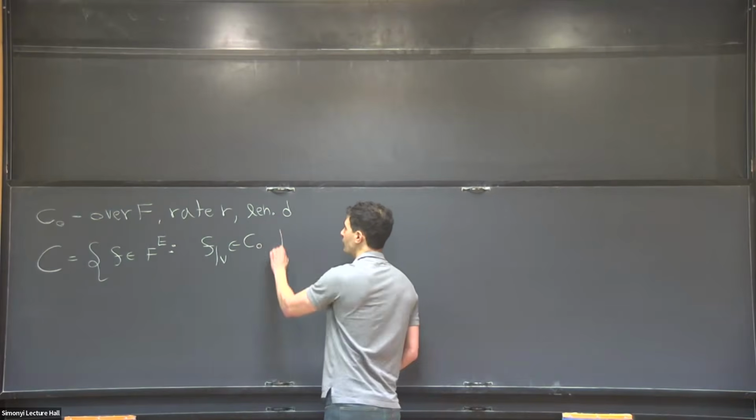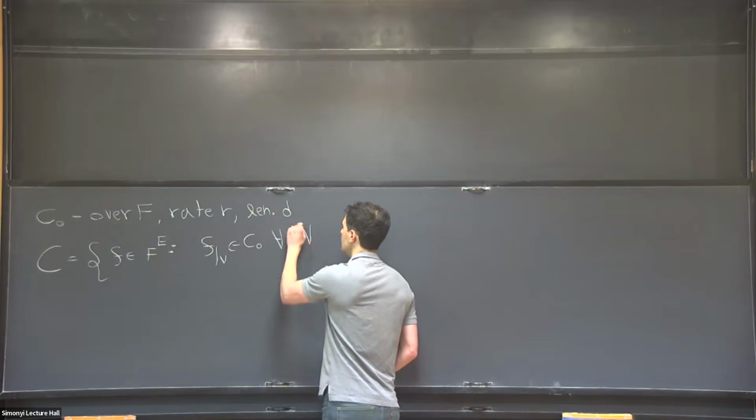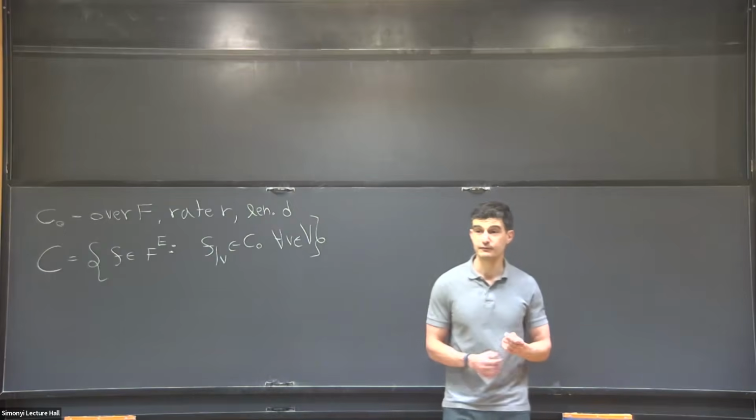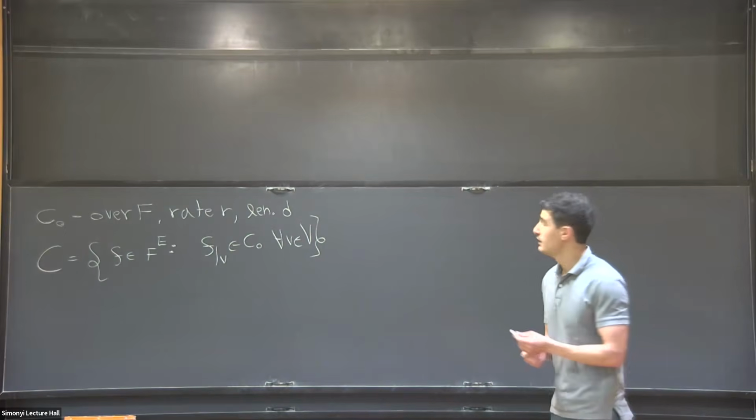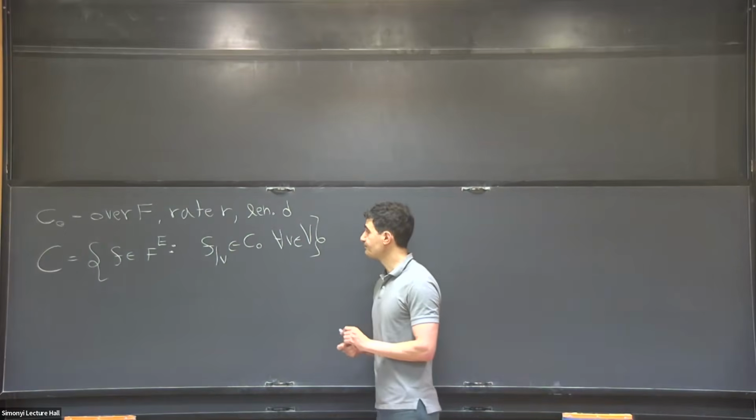If this holds for any vertex, then this is a codeword in my code. So that's the definition of an expander code.